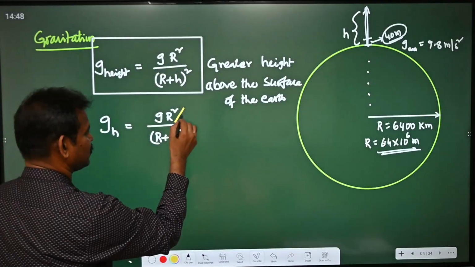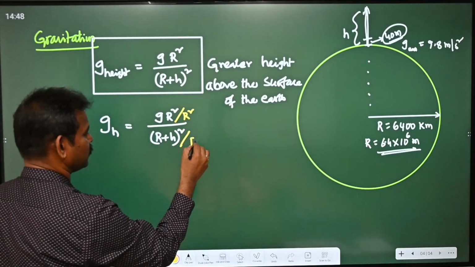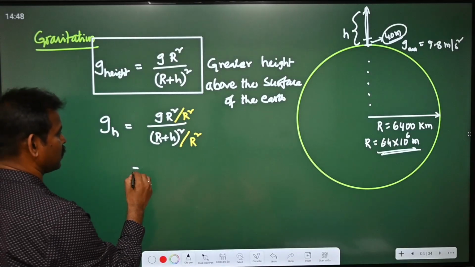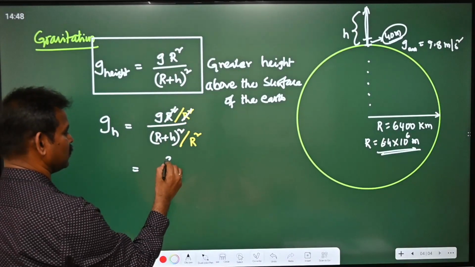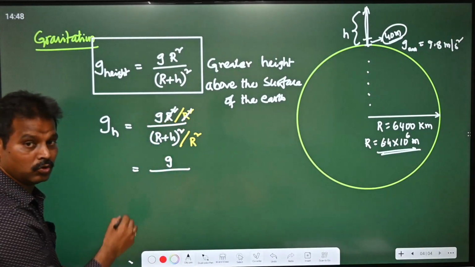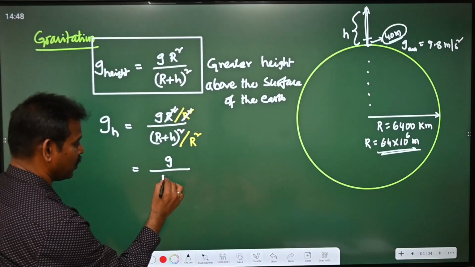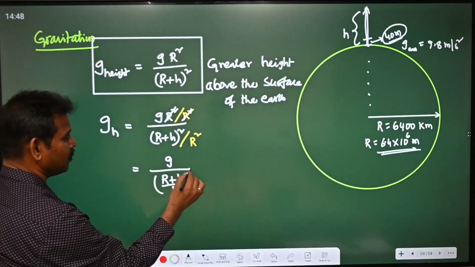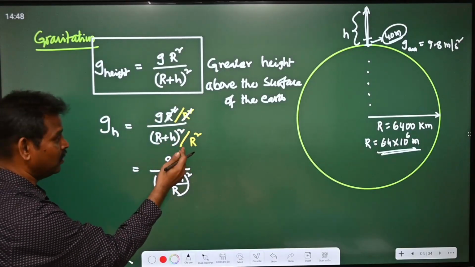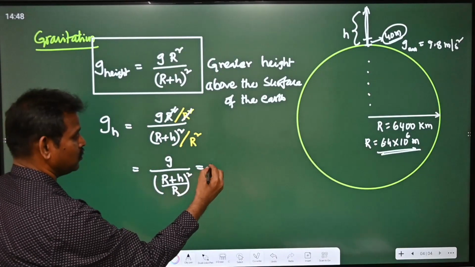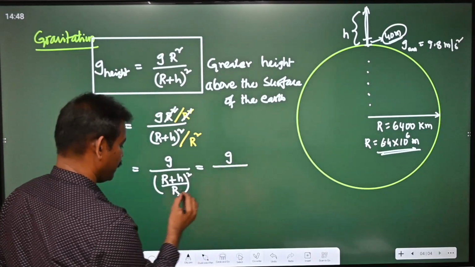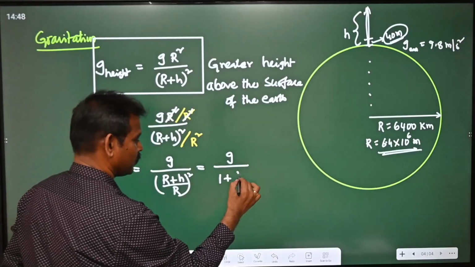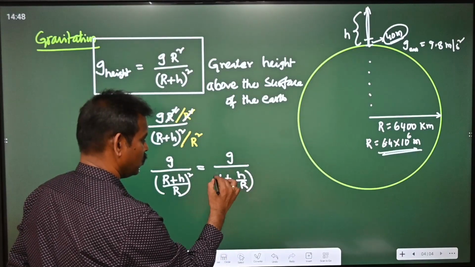You just divide with R square, both numerator and denominator. So this R square also will cancel, and we have g in the numerator, and in the denominator we have R plus h by R whole square, because this is R plus h whole square and this is R square. So both are having square. So you can write small g by, what is R by R? 1. Plus h by R whole square.